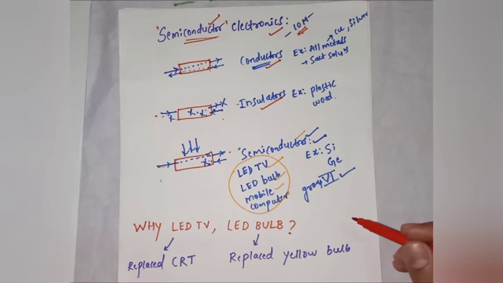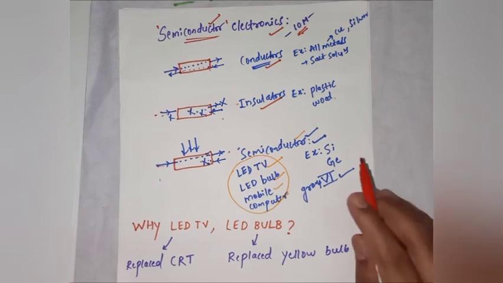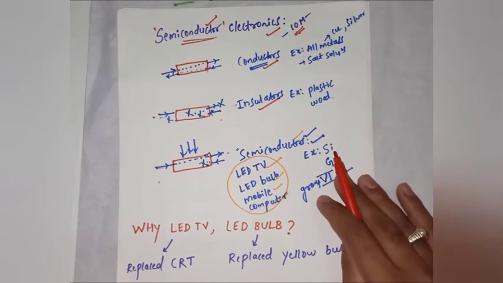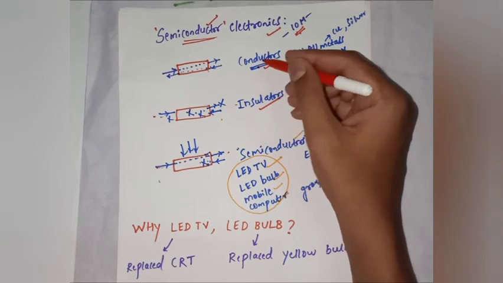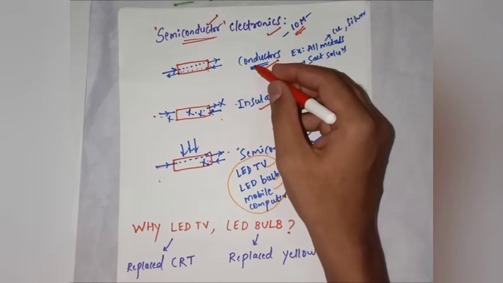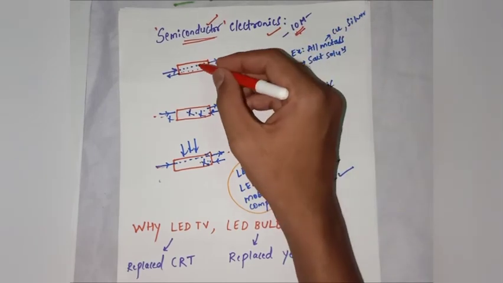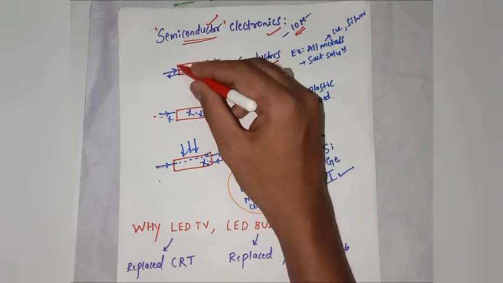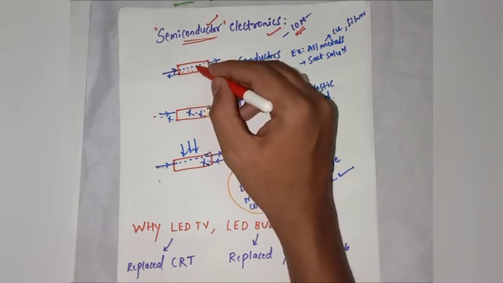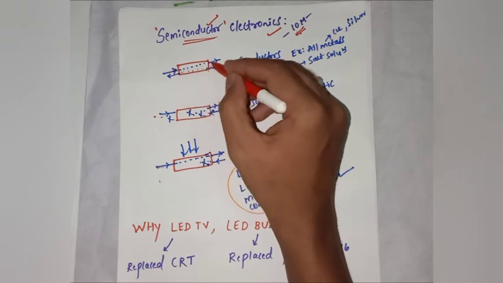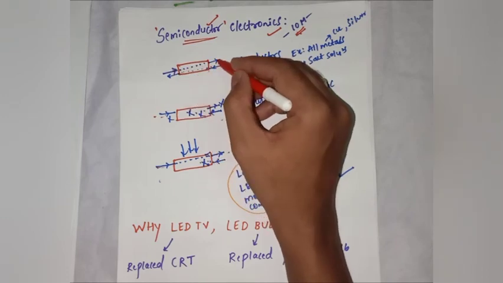So this is about the semiconductor we studied, but now we are classifying these based on the concept of resistivity and conductivity. Resistivity means opposition to the flow of electric current. Now for the conductor, the resistivity is very low. That means the material will not oppose the flow of electrons, that is flow of current, in it.